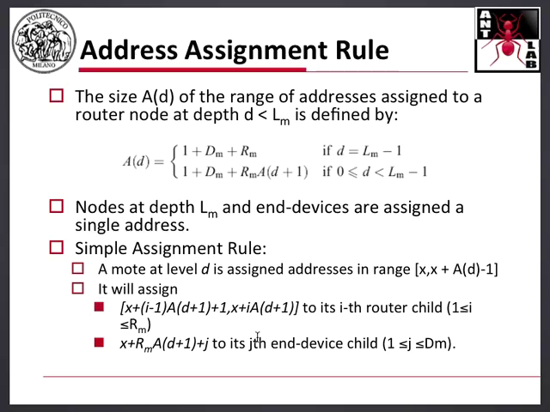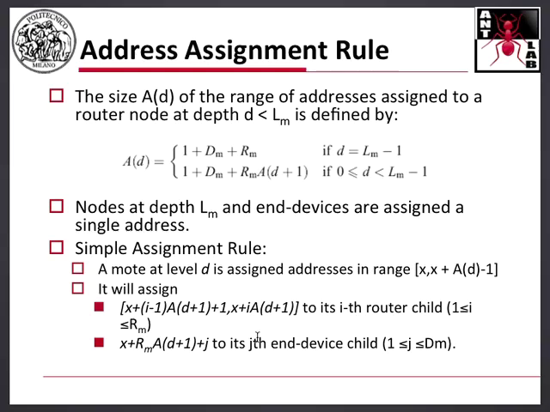Again, the nodes in the second last tier of the tree must have one address for themselves, plus one address for all the end devices which belong to their own subtree, plus an address for all the router nodes which belong to their sub-branch of the tree. Clear?